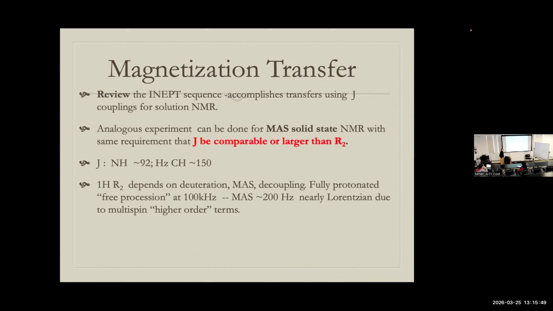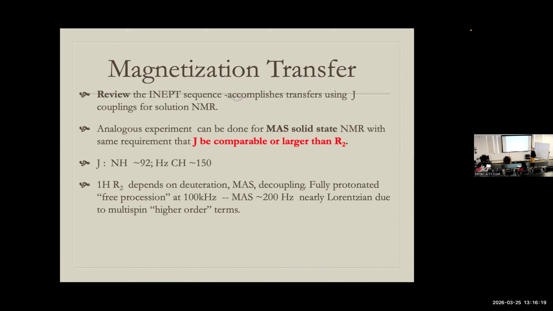It might look Lorentzian, but there's a lot underneath that. It's not like omega squared tau c, it's not like another R2. There's all this spin diffusion and craziness going on, but basically it looks pretty Lorentzian and it's more than 100 hertz probably for any of the hardware we have here, a lot more than 100, unless you get rid of all the protons and deuterate or something else.